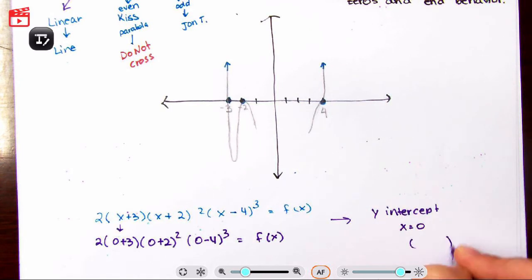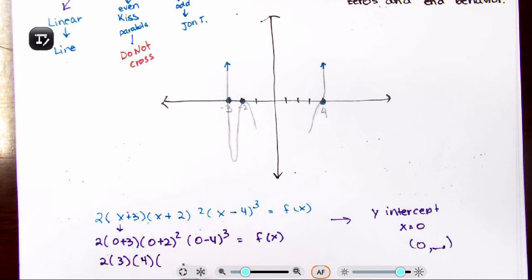We're trying to find what our y is right here. Okay, so we have 2 times 3 times 2 squared is 4 times negative 4 cubed. So I know that's going to be a negative number. So 4 times 4 is 16. 16 times 4 is 64. And that's all negative, so I have negative 64.